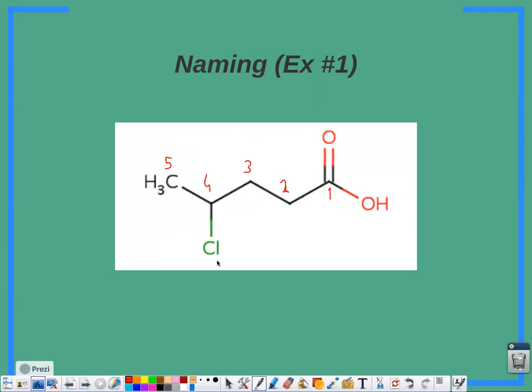And here we have the branch Cl. What is Cl? It's 3-chloro, and pentanoic acid. 3-chloropentanoic acid.